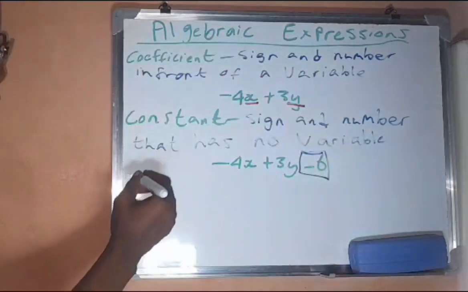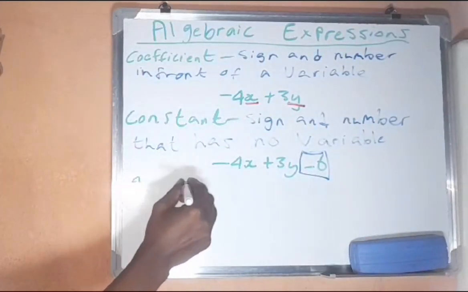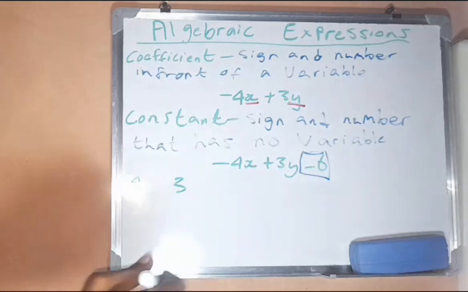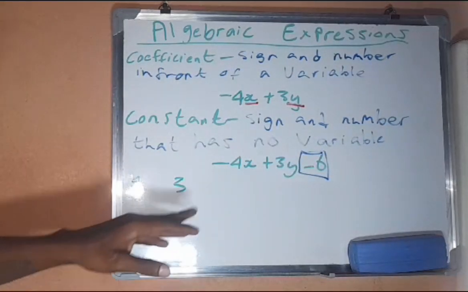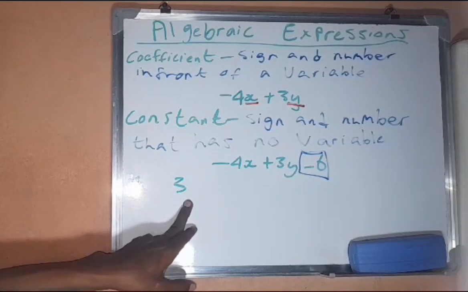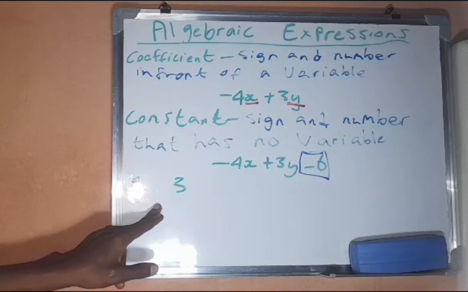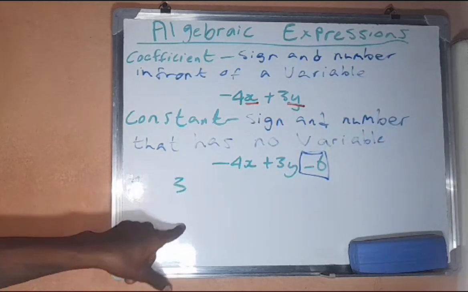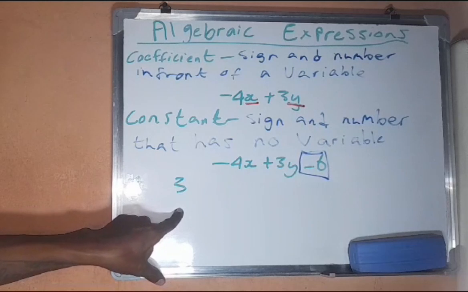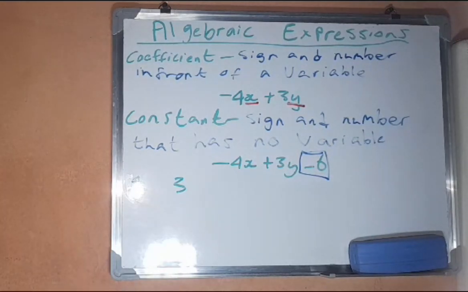You are writing your answers like this. You say, okay, this is the coefficient of x, this is the coefficient of y, which is all wrong, guys. This is not the coefficient of x, this is not the coefficient of y.